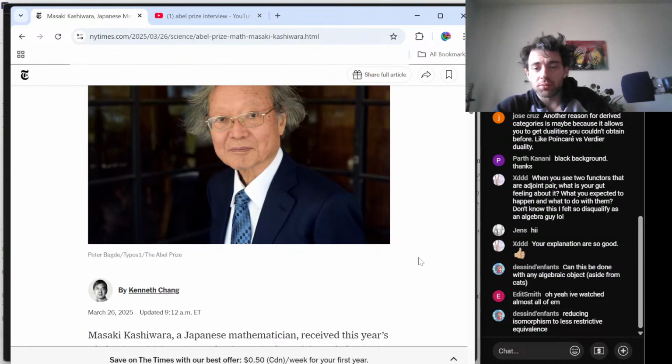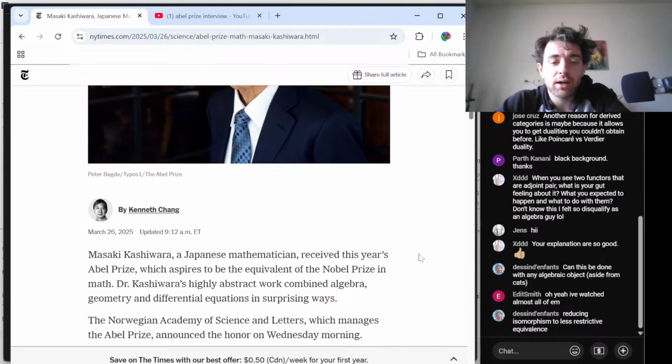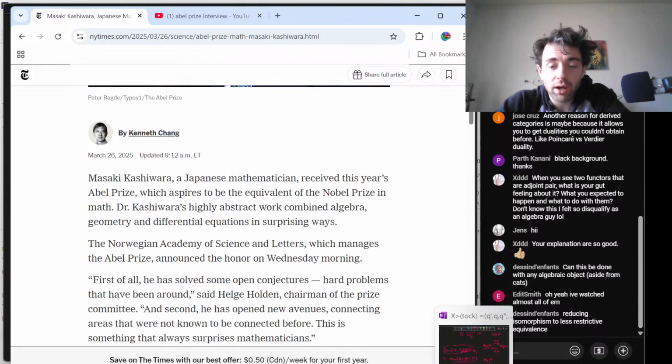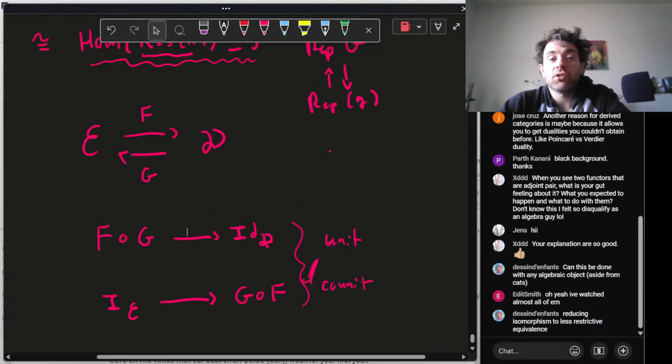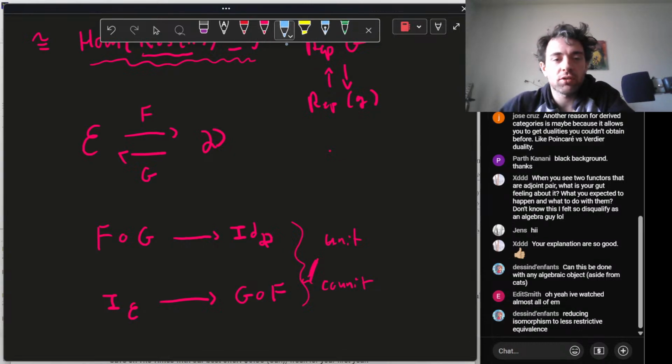Reducing isomorphism to less restrictive equivalence. Well, let me say something. This isn't, well, it's kind of algebraic. Well, it depends on your perspective, but let me draw a complete analogy here.